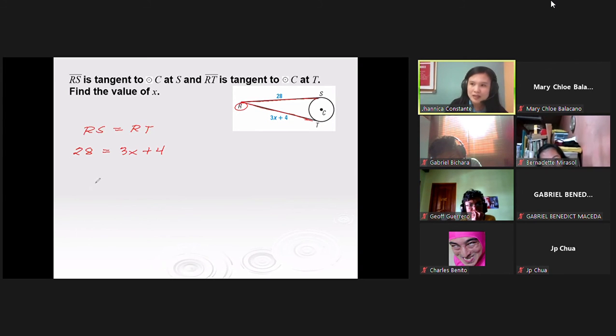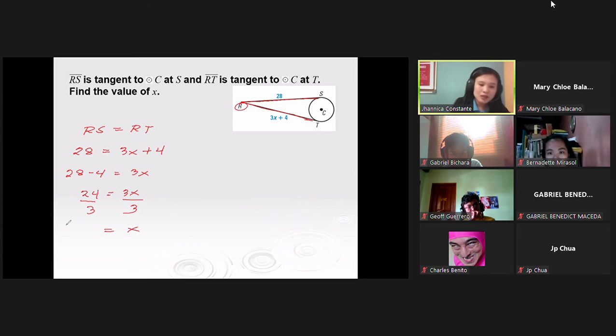So combine similar terms, we have 28 minus 4 equals 3x. So 28 minus 4, which is equal to 24, equals 3x. Divide both sides by 3. So the value of x is equal to 8.